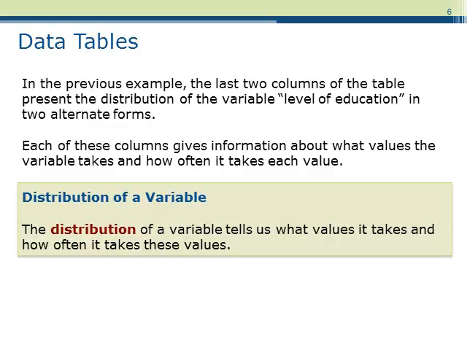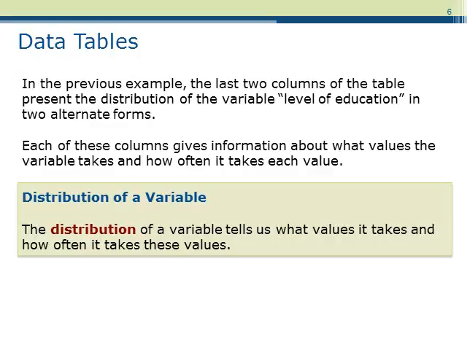Let's now discuss a concept that will be very important for our course. In the previous example, the table listed the education level of people aged 25 years and over. So in this case, the individuals were those 25 and over, and the variable of interest was their level of education. The table listed the values this variable could take, for example, high school graduate, bachelor's degree, etc., and also how often each of these values were taken.